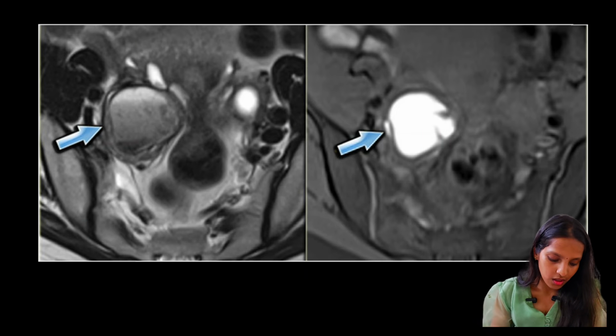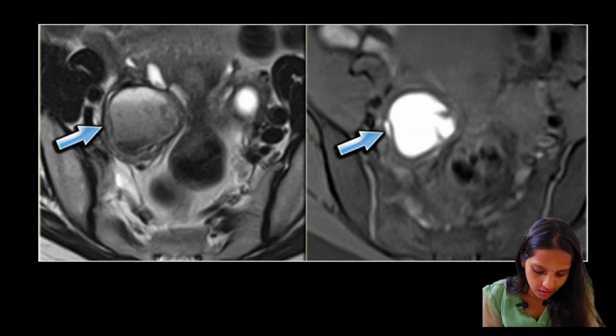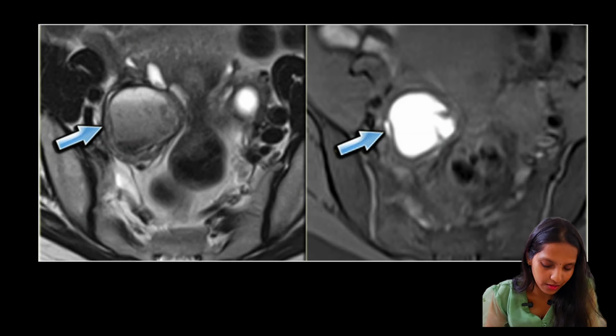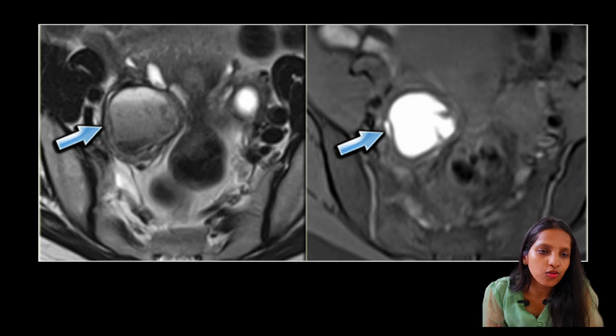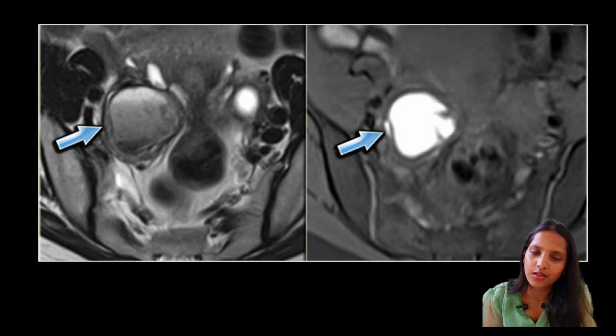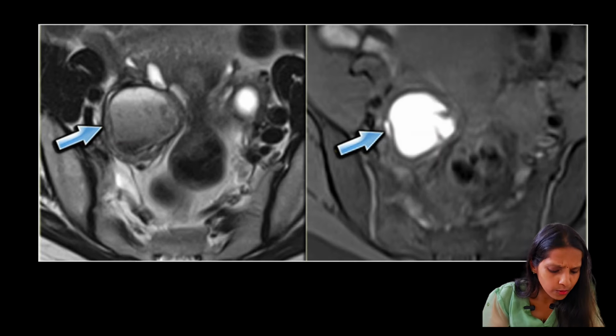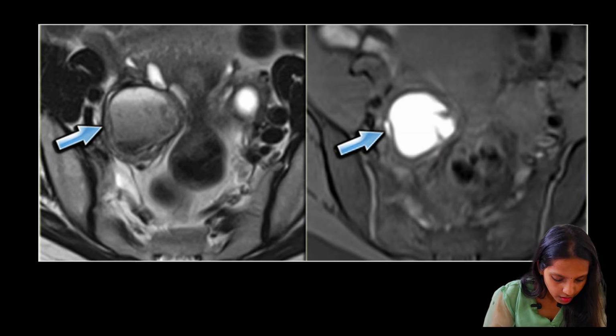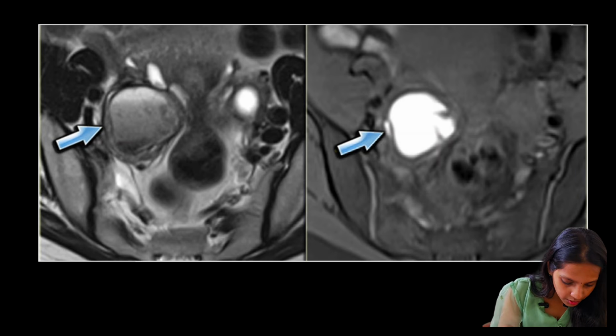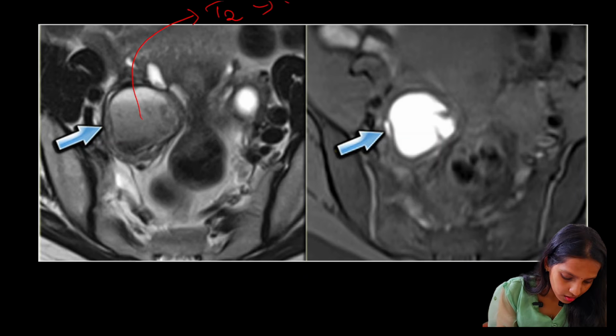Coming to the MRI evaluation for the endometrioma. The MRI usually includes T1, T2, and T1 fat sat images. Here in this figure, this is the T2 image showing another classic descriptor for the endometrioma, T2 shading.